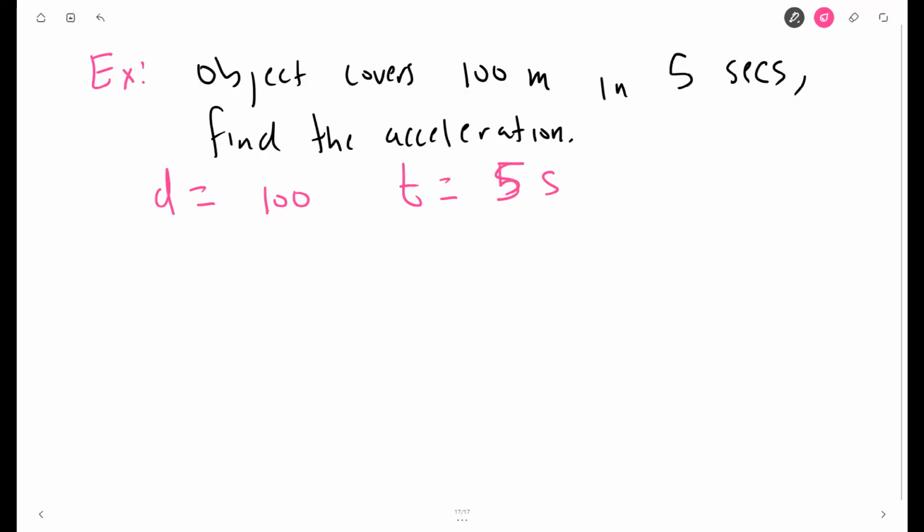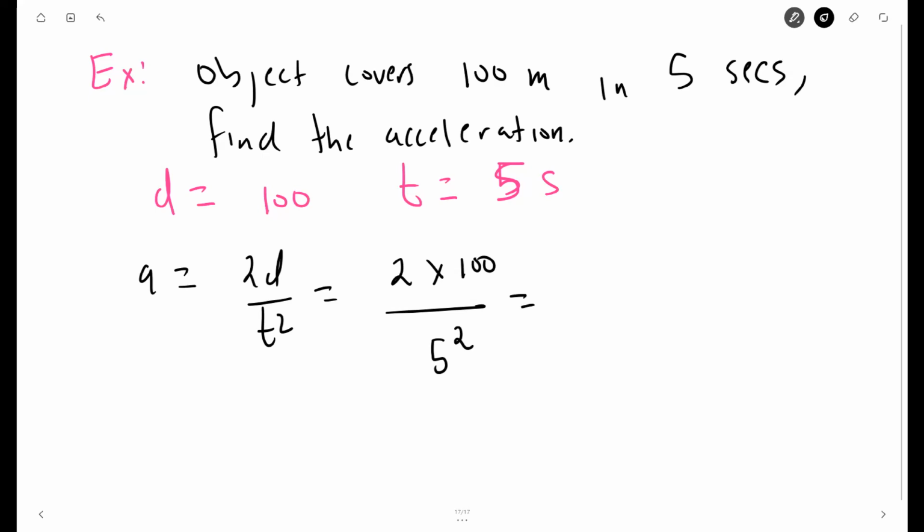That means that we can use the formula for acceleration first. So acceleration is equal to 2d over t squared. That's equal to 2 times 100 over 5 squared. That's equal to 200 over 25. That's equal to 8 meters per second squared.